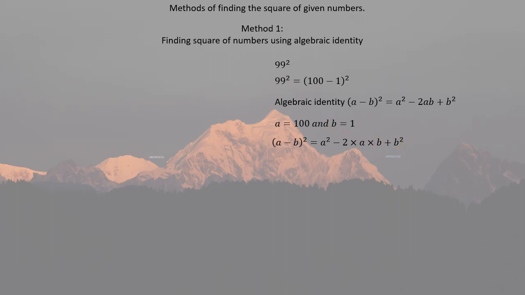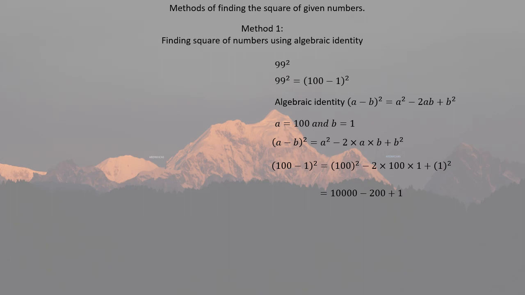So using this identity, we'll find the square of 99. So 100 minus 1 whole square equals 100 square minus 2 into 100 into 1 plus 1 square, because a is 100 and b is 1.